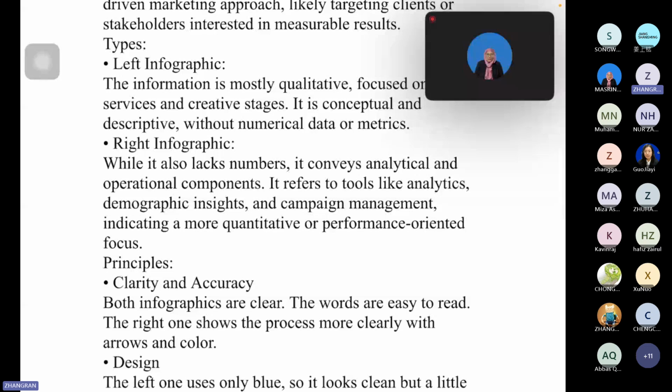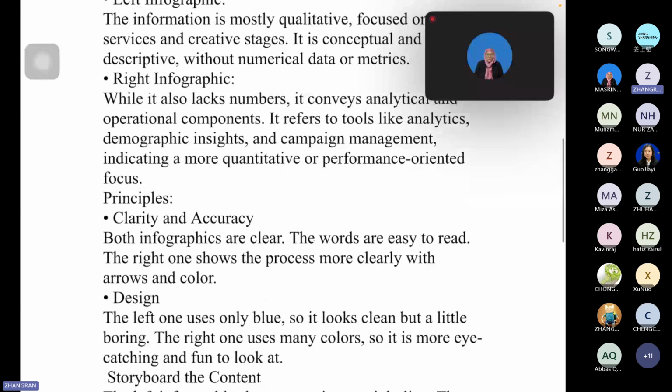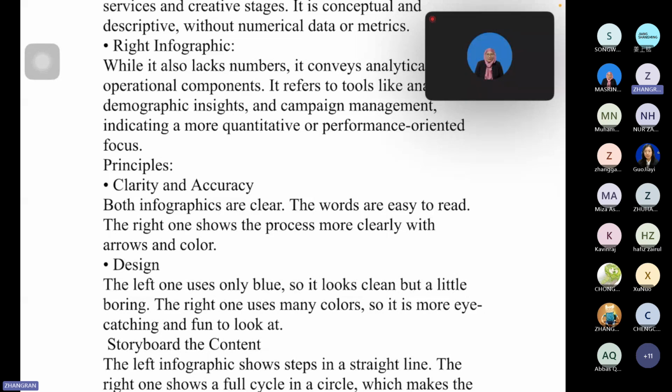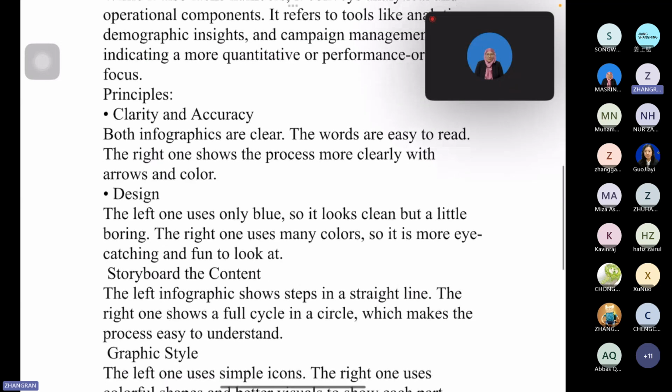It covers analytical and operational components. It refers to tools like analytics, graphs in sales and company management, including a more quantitative or performance-oriented focus.